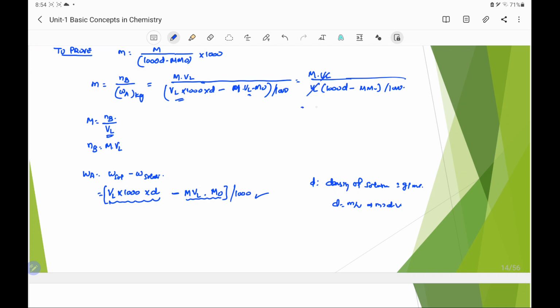And this VL gets cancelled, and finally we will have M by 1000 D minus M M0, and this is in numerator. So this is the formula for the relation between the molality and the molarity, and it is very important and to be memorized.